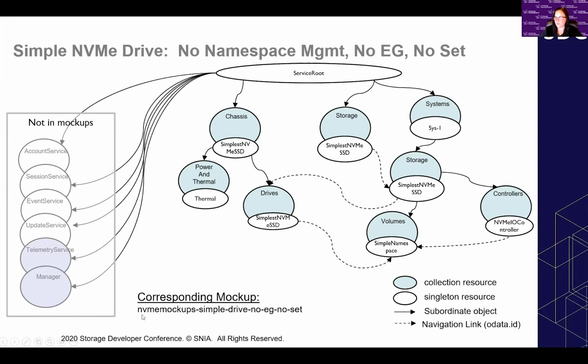So this particular mockup you can find on swordfishmockup.com, but this just shows another view of that same system and the various objects that are instantiated to support that. So you can see again that storage. This is a reference link to the same instance. So there's that storage, controller, namespace, and drive. And then there's a little bit of additional chassis, power, thermal information that shows up in that mockup as well. But basically another view of what that same system would look like.